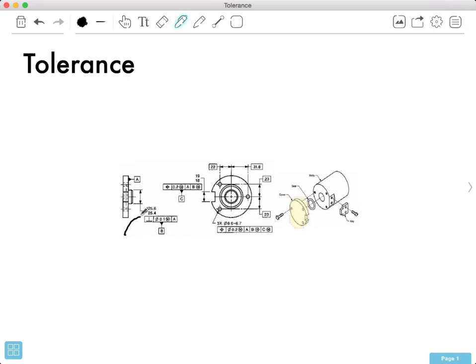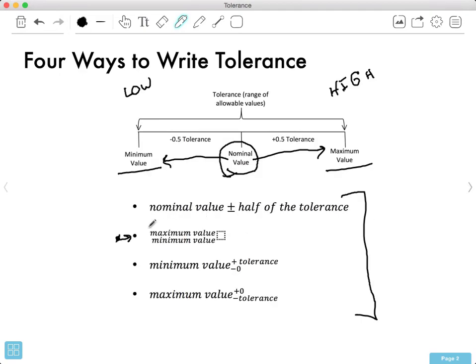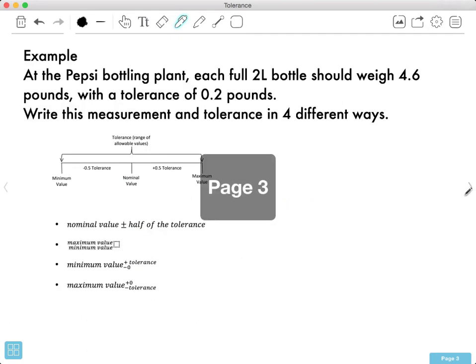It's very small, but you can see tolerance written that way here. Whatever this hole is, or this piece is, and I don't know what this picture is, it has to be between 25.4 and 25.6 units big. That is the allowable tolerance for that piece, written in this form. There are 4 ways to write tolerance, and we'll look closer at those as we do an example.